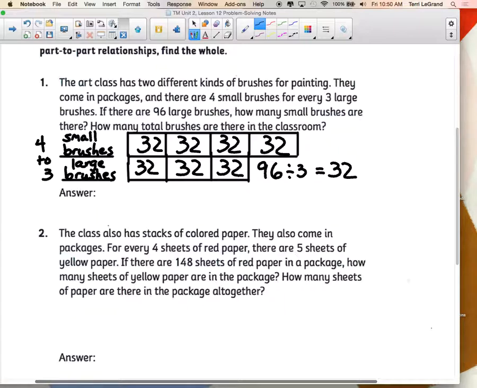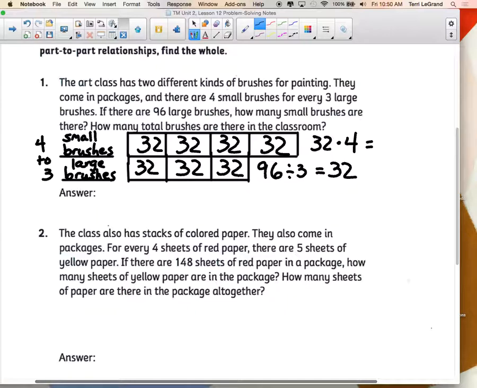And the first question they asked was, how many small brushes are there? So what do we need to do? Yeah, we take the 32 and multiply it by 4, so we can take 32 times 4 or 4 times 32. It doesn't matter. Multiplication allows us to do it either way.